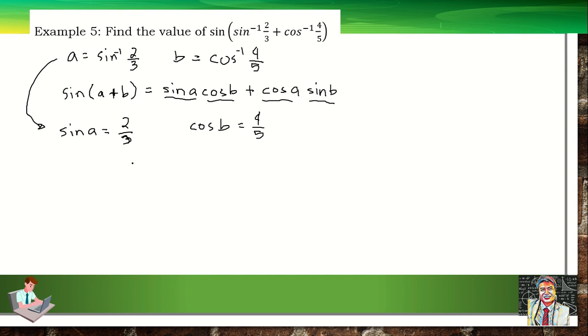Gamitin natin yung Pythagorean identity in terms of sin A, since sin A ang hawak natin at meron tayong cosine A. So therefore, cosine squared A, dahil sa Pythagorean, is equivalent to 1 minus sine squared A. Okay? Which is under yan ng Pythagorean. And so, I hope you recall pa rin yung Pythagorean identity natin.